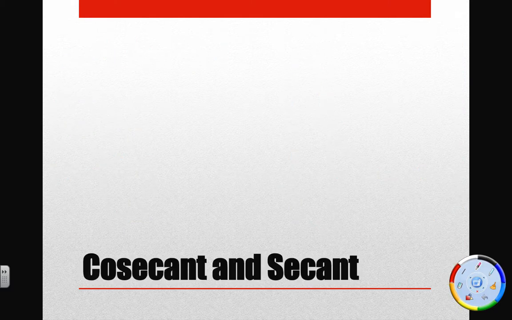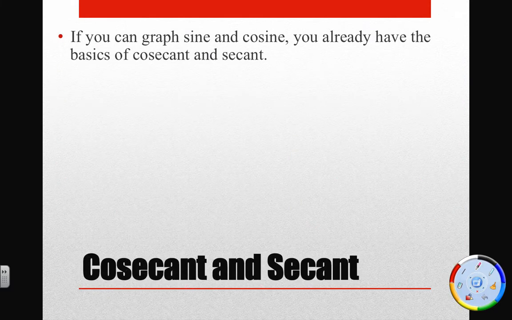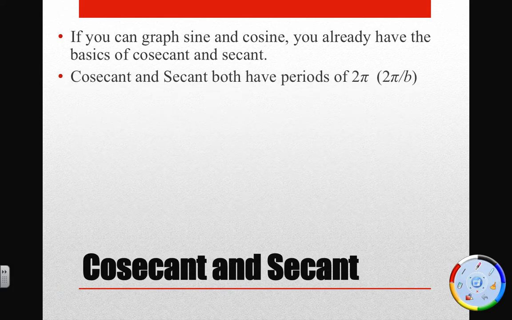All right, let's go to cosecant and secant. As I mentioned to the classes today, if you can graph sine and cosine, you already have the necessary fundamentals for cosecant and secant. For both of these, they have the same periods as sine and cosine.